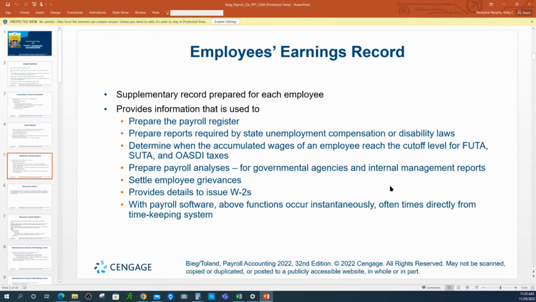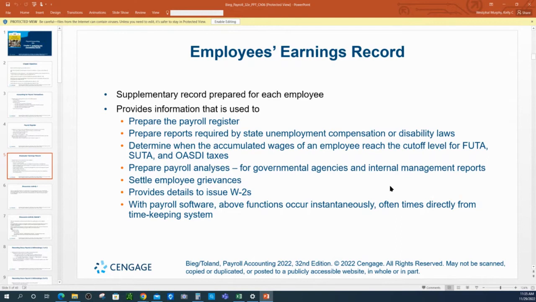And when you're using software, it's going to be kept up to date as long as the software is decent. That kind of falls under analyses. Governmental agencies that are requesting that information, and internal management as well, will use these records to assess where there are excesses of employees, and where maybe additional employees are needed in certain areas.